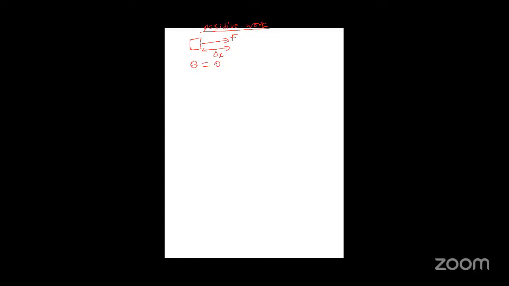Yes, sir. So therefore, WF, work done by F in this case, we apply the definition. F change in X cos theta, here is going to be cos 0. So WF is equal to this.